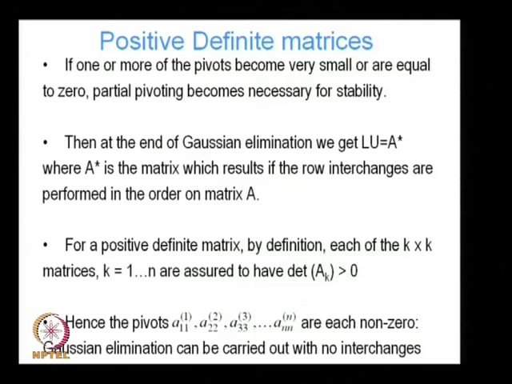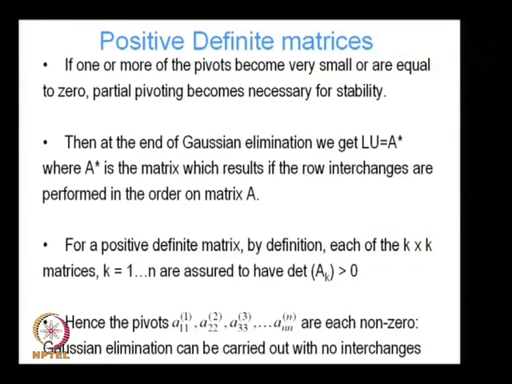So, let me repeat. While we were performing Gaussian elimination on A, we found that in order to maintain the stability of the solution, we had to do some pivoting. So, we interchanged certain rows of A, and then at the end of Gaussian elimination, we took care to store the multipliers below the principal diagonal.